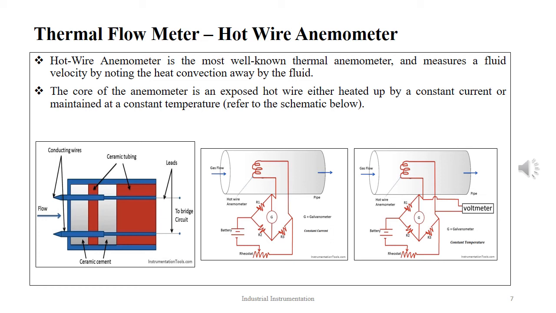Due to the tiny size of the wire, it is fragile and thus suitable only for clean gas flow. In liquid flow or rugged gas flow, a platinum hot wire coated on a 25 to 150 mm diameter quartz fiber or hollow glass tube can also be used instead.